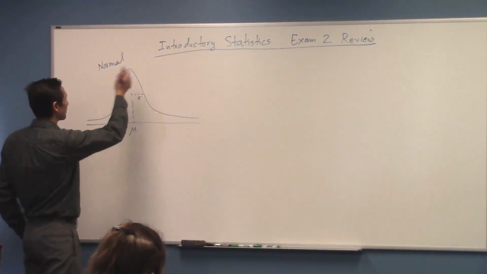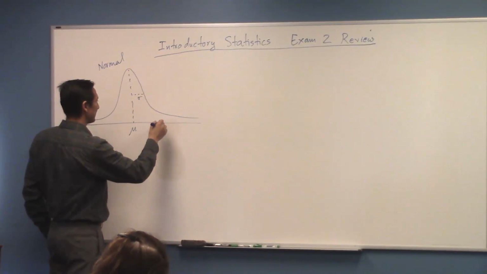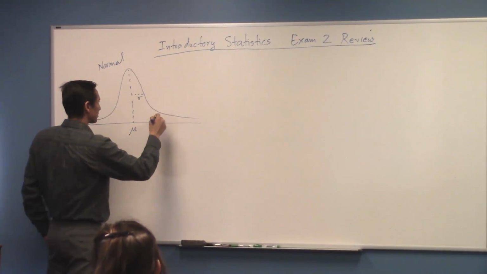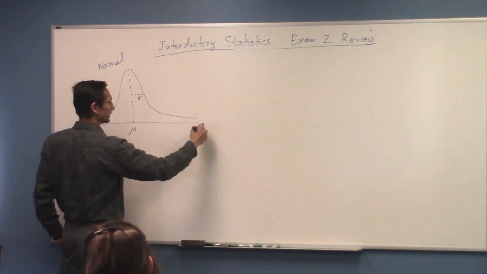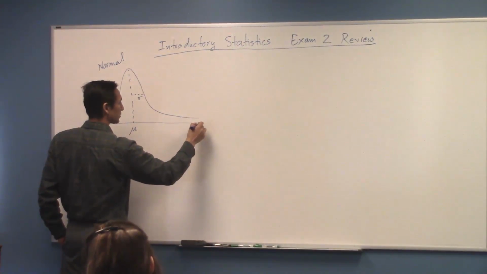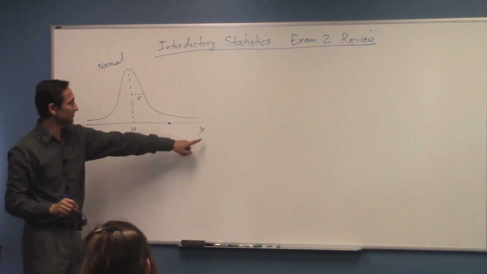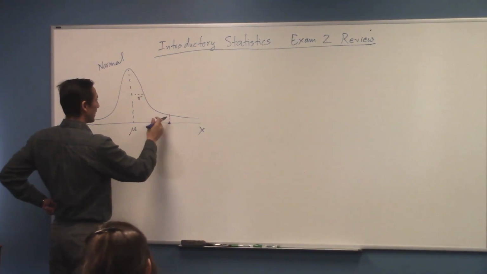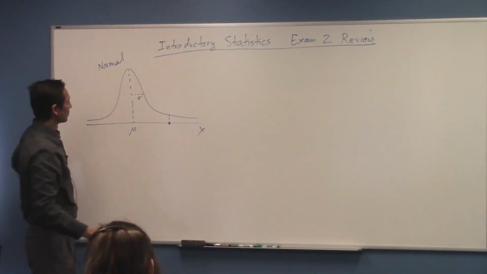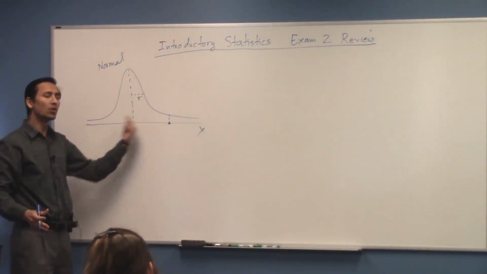For a normal distribution, what you need to be computing on this exam is scores. These x values are called scores. Corresponding to one x value, you will have the probability of getting values lower than this value.